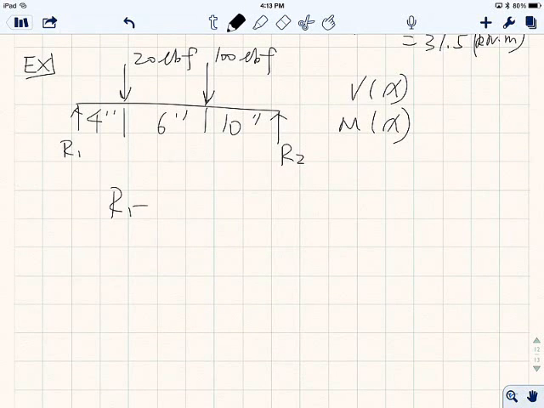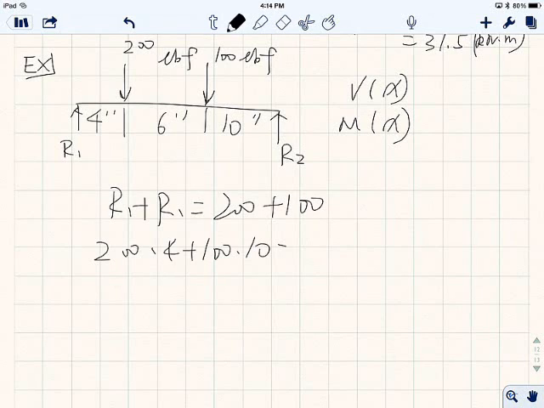R1 plus R2 is equal to 200 plus 100, and 200 times 4 plus 100 times 10 equals 20 times R2.